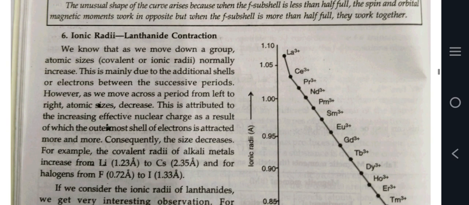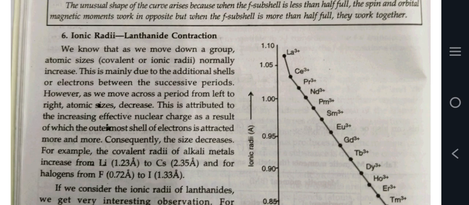Sixth, ionic radii and lanthanide contraction. We know that as we move down a group, atomic size, covalent or ionic radii normally increase. This is mainly due to the additional shell of electrons between successive periods. However, as we move across a period from left to right, atomic size decreases.